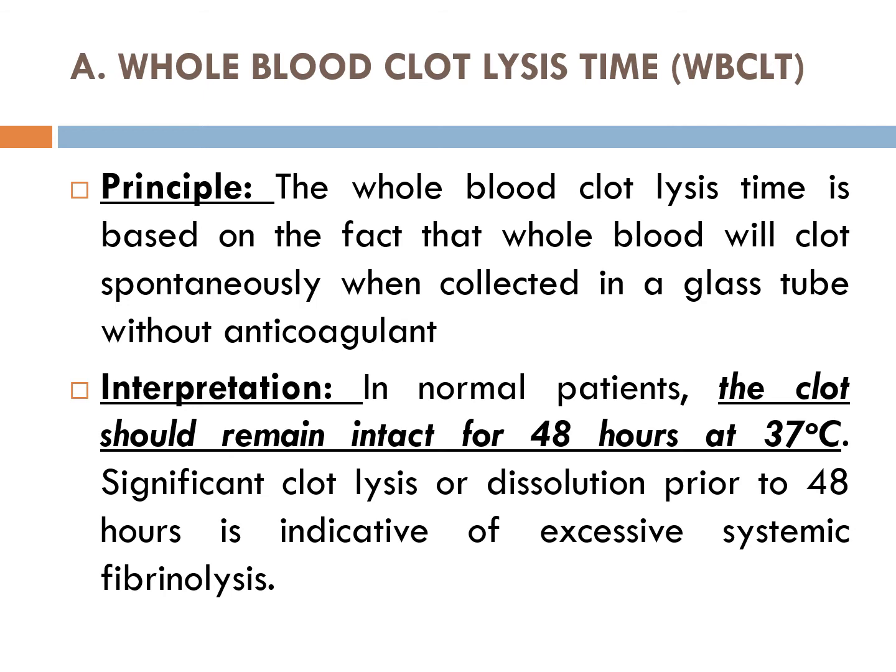This is because, if you remember in the previous discussion, when whole blood is subjected to a negatively charged surface, in this case a glass tube, the intrinsic coagulation pathway will be activated, starting with the activation of factor 12 until a stable fibrin clot is formed.